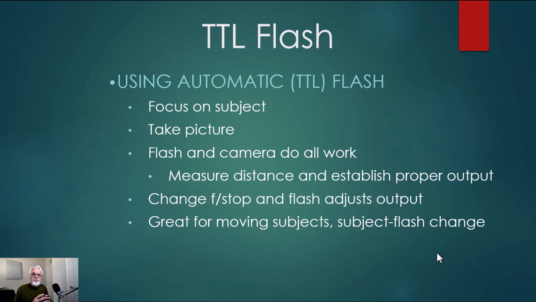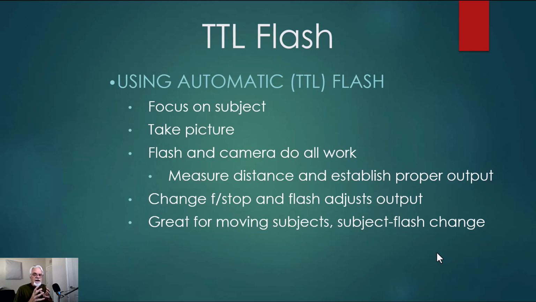So this is great for moving subjects. Can't tell you how many times I've photographed mountain bikers and runners, and I want to add a little flash on them for flash fill purposes because it's sunny outside. As they're running by, the subject to flash distance is changing constantly. And so this is the true value of TTL.